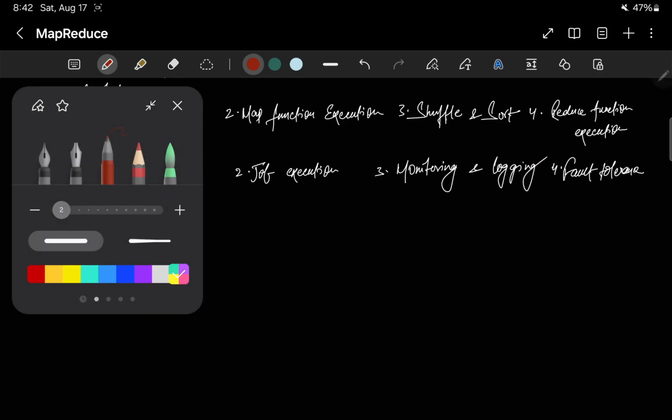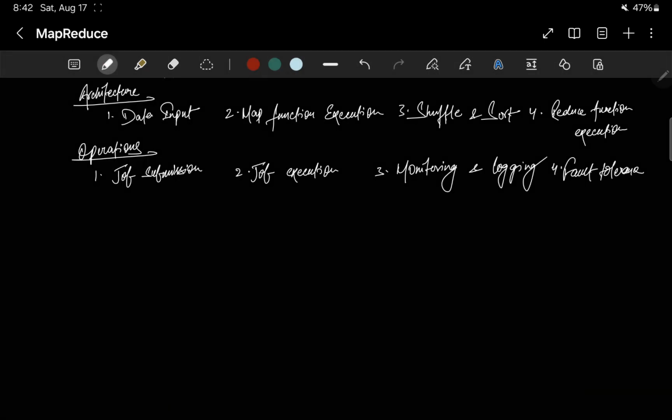Next, we will see the advantages of using MapReduce. So first is scalability. MapReduce can handle large-scale data processing tasks across a distributed cluster, scaling horizontally with additional nodes. Next is fault tolerance.